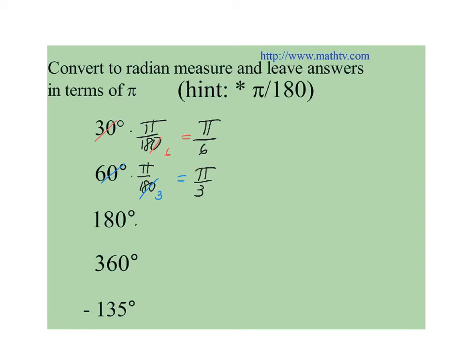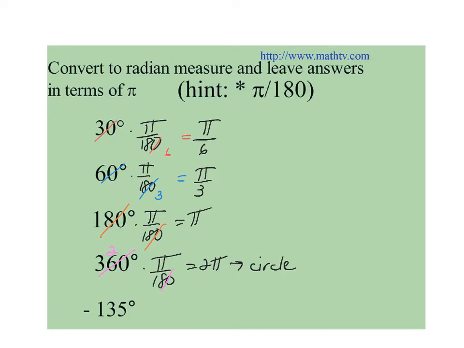Third example, 180 times pi over 180, and we're left with pi. If we take 360 times pi over 180, we're left with 2, as in 2 pi, which is the same as going around in one whole circle.